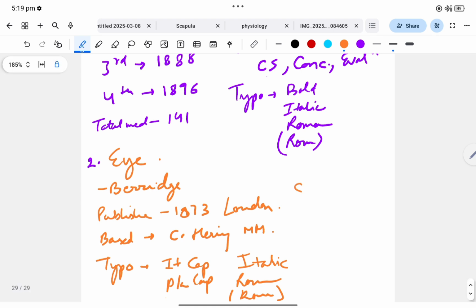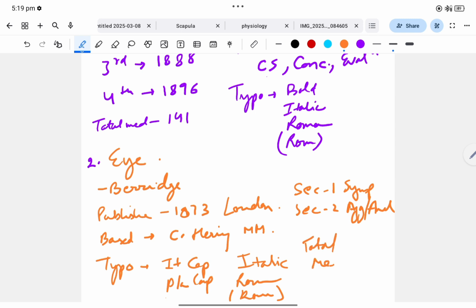It also has two sections. Section 1 has symptoms and section 2 is the aggravation and amelioration. Total number of medicines in this are 1711. Thank you.